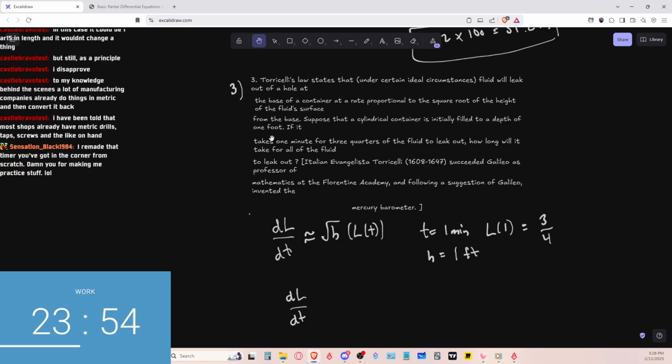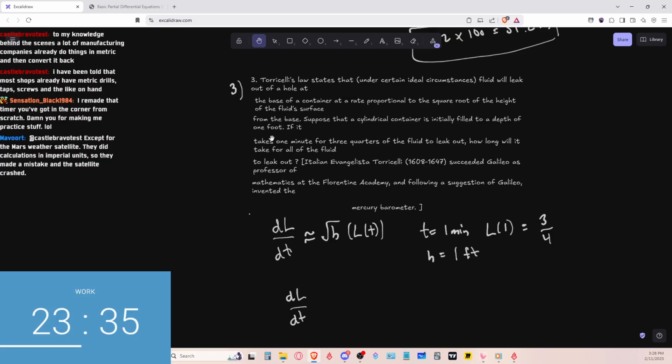Oh, what you typed up, Castle. To my knowledge, behind the scenes, a lot of manufacturing companies already do things in metric and then convert it back. I have been told that most shops already have metric drills, taps, and screws on hand. Oh, okay. Yeah, I think it's just stubbornness that we Americans don't change it.